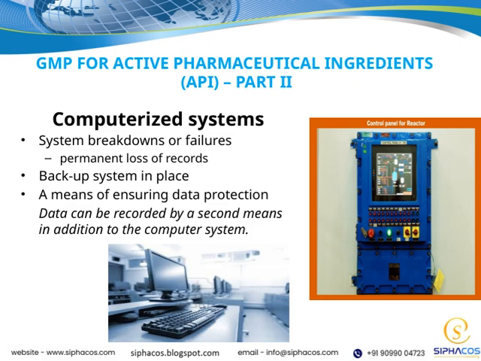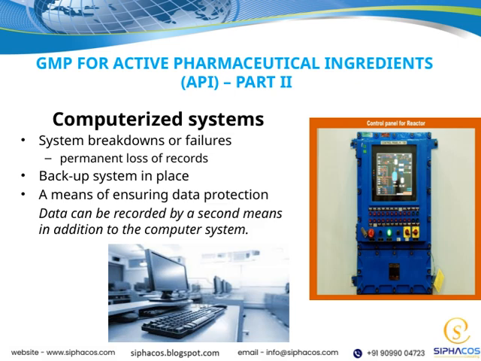Specifically, data can be recorded by a second means, in addition to the computer system. This redundancy is a key part of good manufacturing practice because it helps safeguard data integrity and supports compliance with regulatory standards. In the context of active pharmaceutical ingredients, or APIs, this approach becomes even more important.